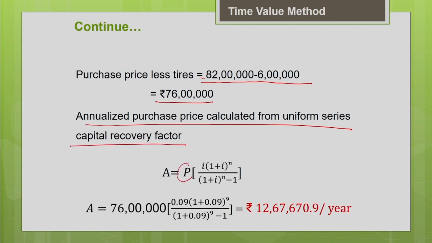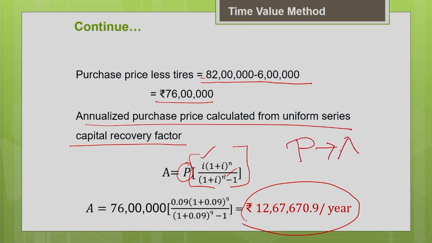You know the P value, purchase price less the tire cost, that is 76 lakhs, multiplied by this uniform series capital recovery factor. You know the i value, you know the N value, so you can substitute and find the annualized purchase price of the machine. Now you have converted the present purchase price into the annualized purchase price using this factor. Now let us move on to the next part.